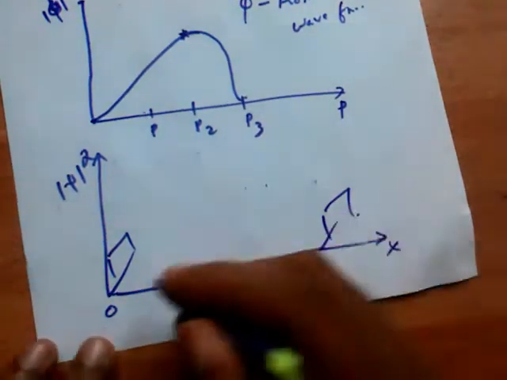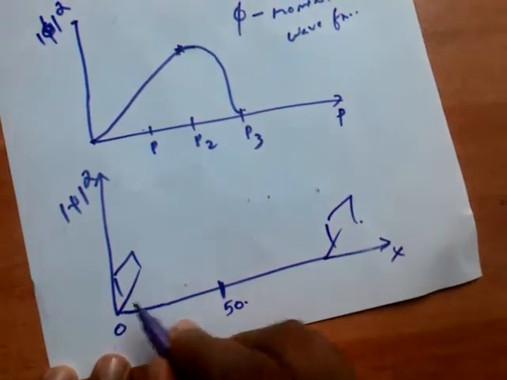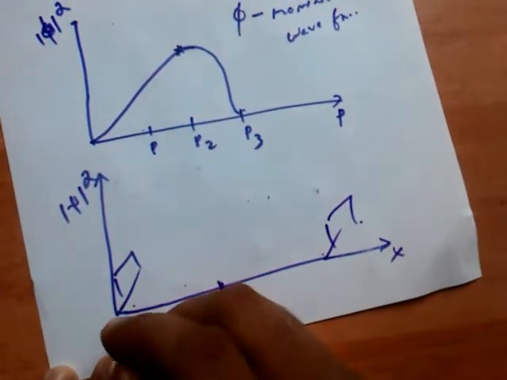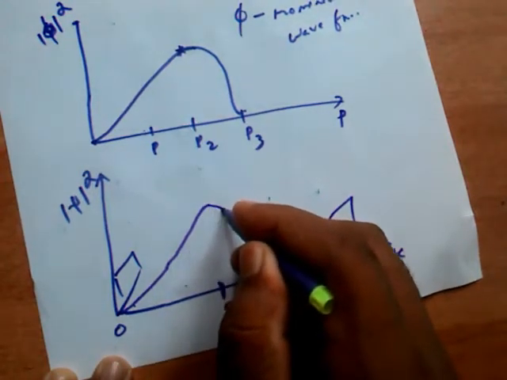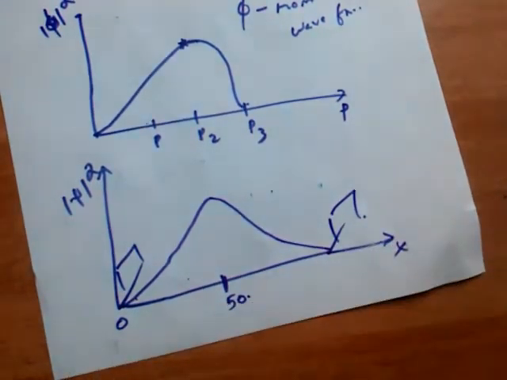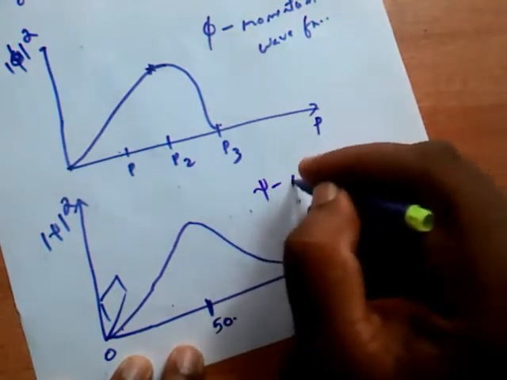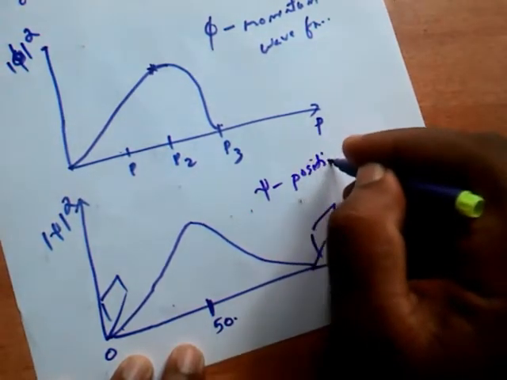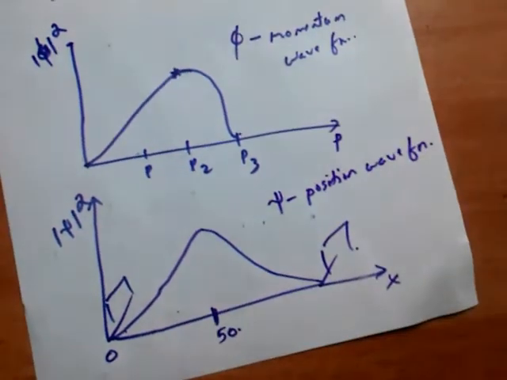He can come here, he can go here, but the probability of finding him is maximum at the middle portion of this football ground. And I'm representing the term psi as the position wave function.